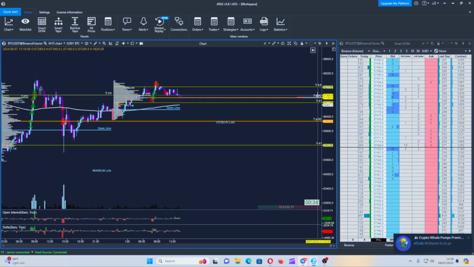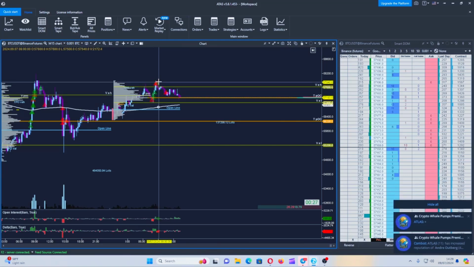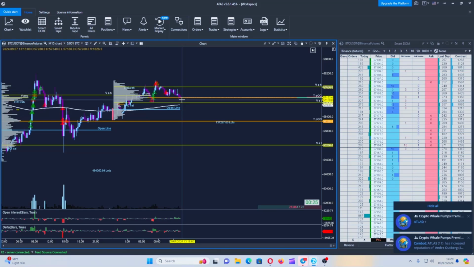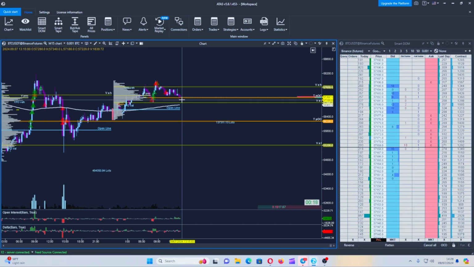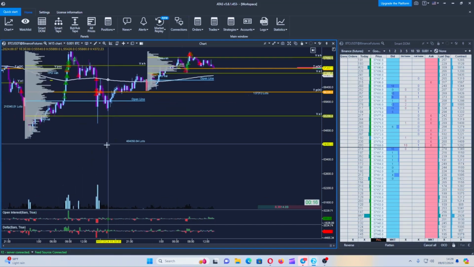The TPOC is a time-based point of control, and the VPOC is the volume-based point of control. See how it just trades back all the way down into that area. It's easy when you know how to use it. You just need to know how to use it.